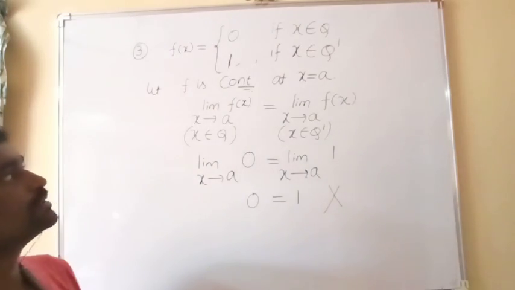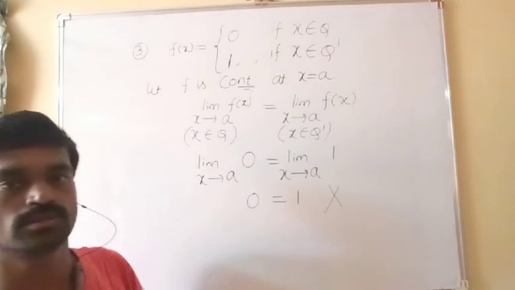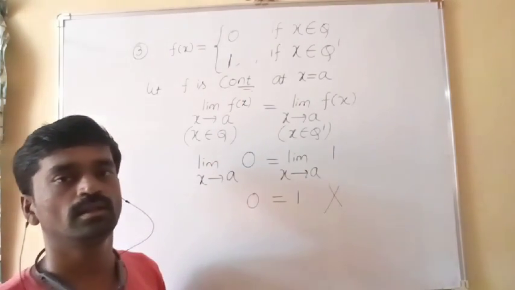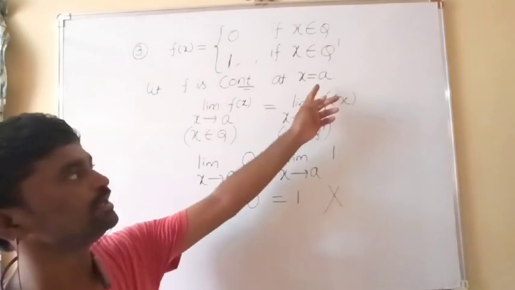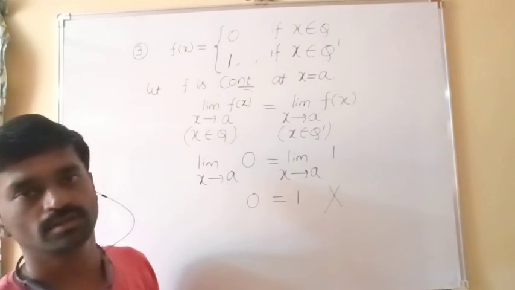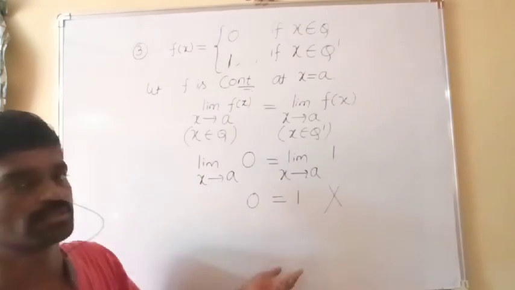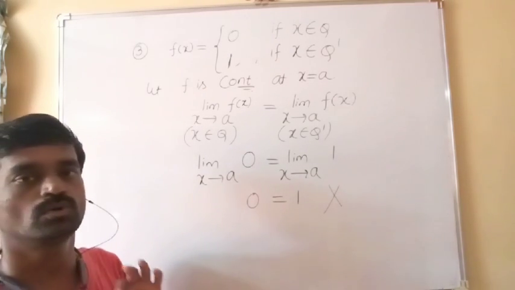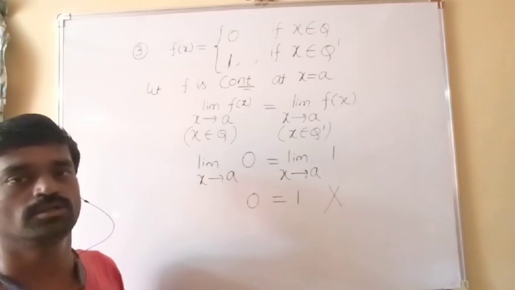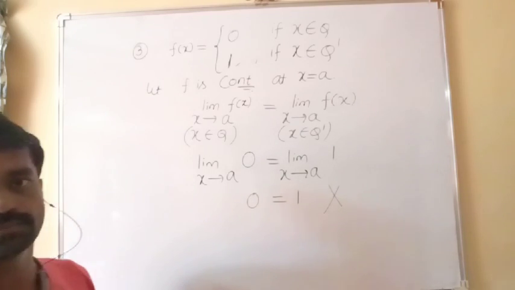It is false means this function is not continuous at a. Not only at a, it is not continuous at any real number, because here a is some arbitrary constant. So if it is not continuous at a, it is not continuous everywhere. That means it is nowhere continuous. It is discontinuous everywhere.